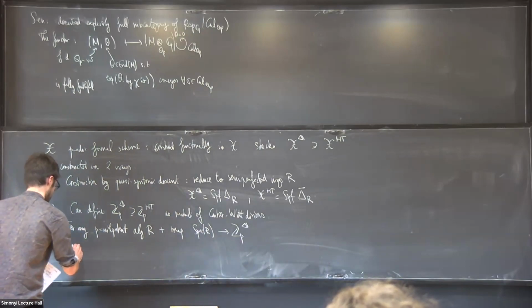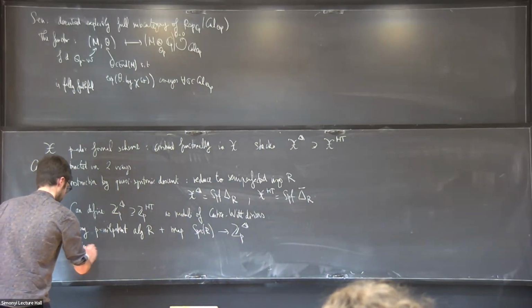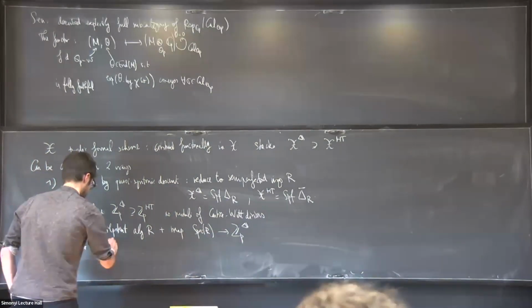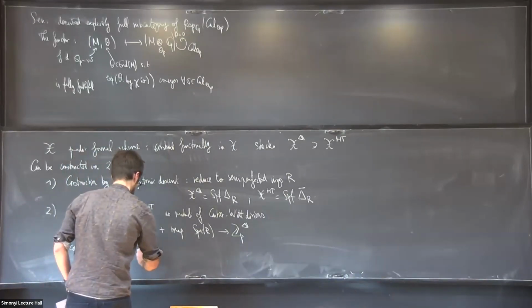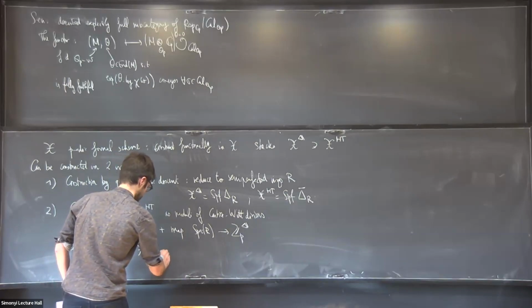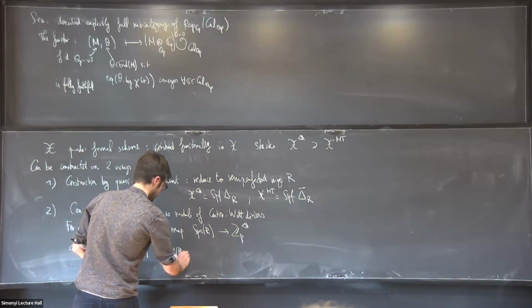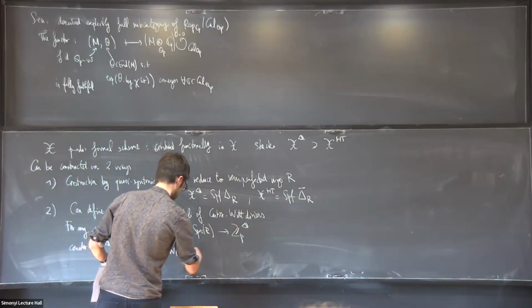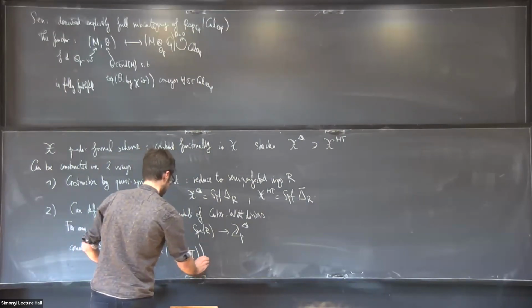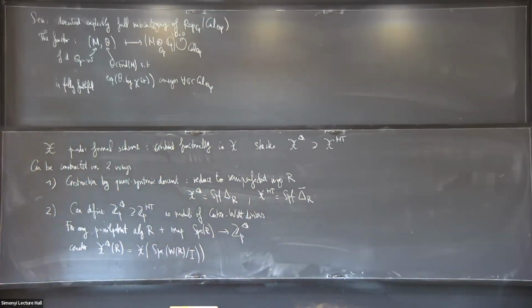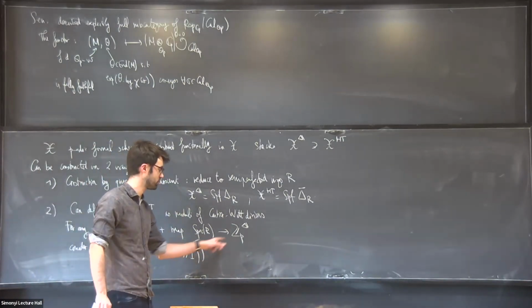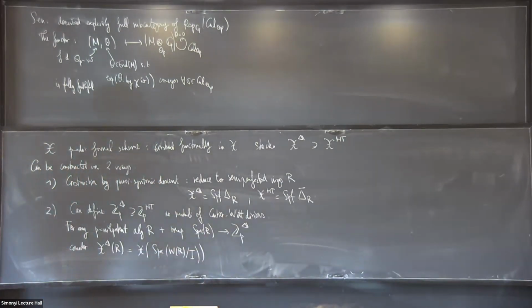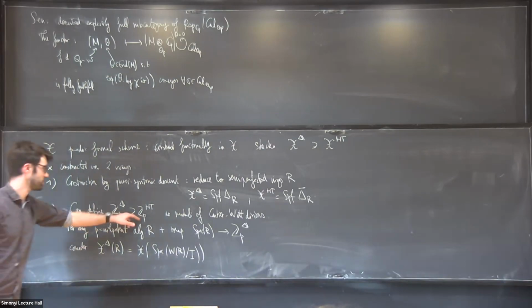And then you can define X^prism, the R-points of X^prism, to be X of Spec of W(R) modulo I, where I is the generalized Cartier divisor corresponding to the datum of this map. And the definition in the other case is exactly similar.